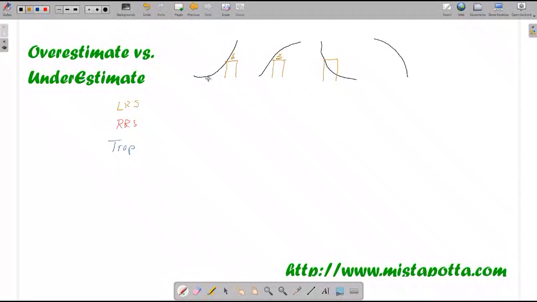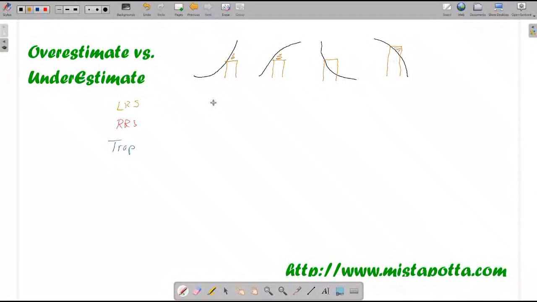And that happens when my function is increasing. And there's certain situations where my function has a very clear overestimate. And that's when I'm dealing with my function decreasing.